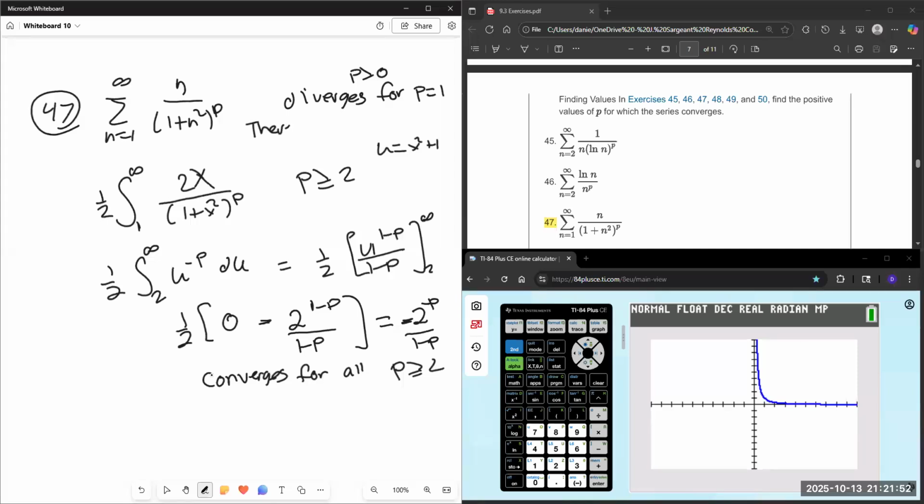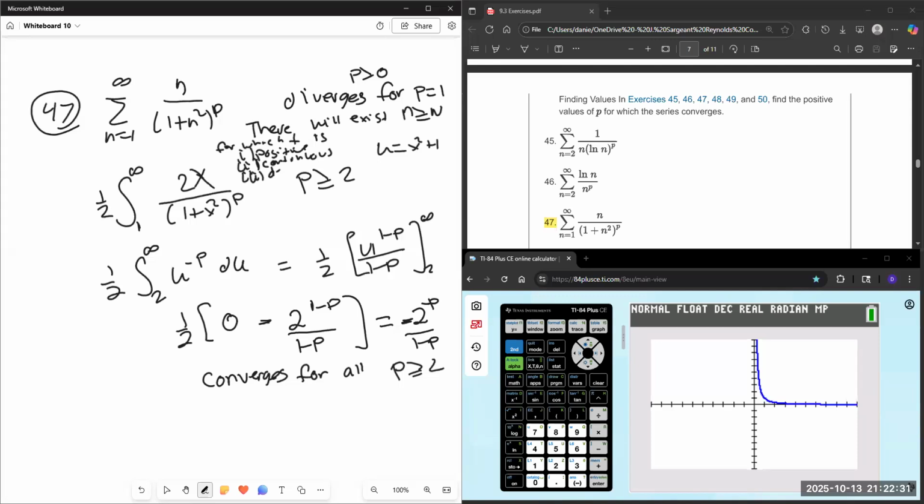There will exist n greater than or equal to capital N for every such series like this, where p is greater than or equal to 2, for which f is positive, continuous, and decreasing. It's just going to shift to the right as I go along here.